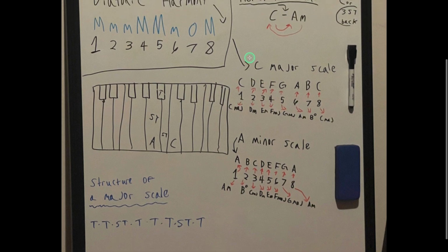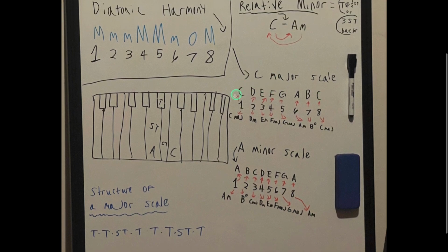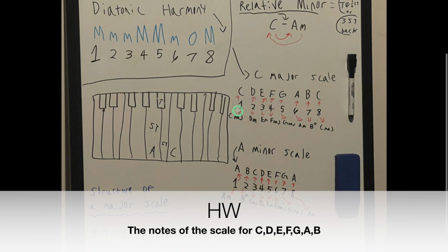And I want it to look like this. The way that I have C major set up, I want it to look exactly like this, okay? You don't necessarily have to have the arrows, but I would like it to look like this with the chords. And I want it for C major, D major, E major, F major, G major, A major, and B major.